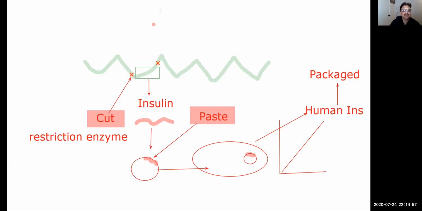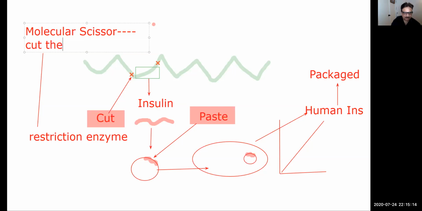In other words, restriction enzymes are called molecular scissors that can cut the DNA, but they cut the DNA at a very specific site. Right? So I'll come to what a specific site is. And then how it is pasted.